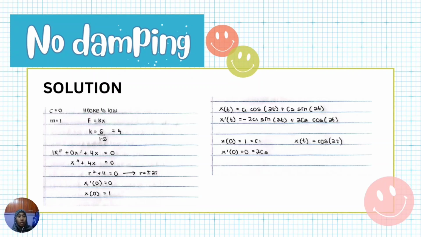First, we need to refer to Hooke's law, which is F equal to Kx. The value of K is 4.